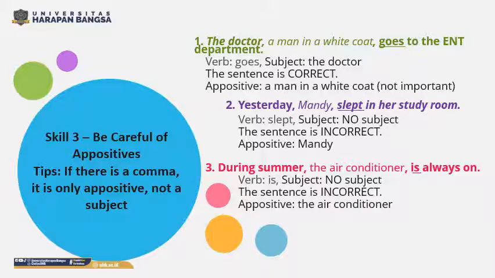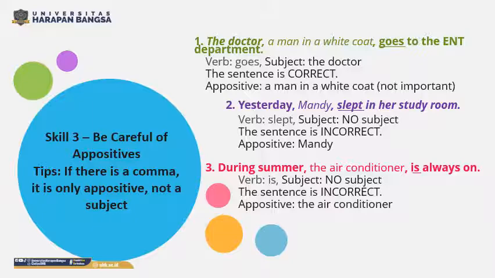Next, yesterday, comma, Mandy, comma, slept in her study room. Find the verb of the sentence. Yes, it is past verb slept. Now find the subject of the sentence. Yes, there is no subject. Why?